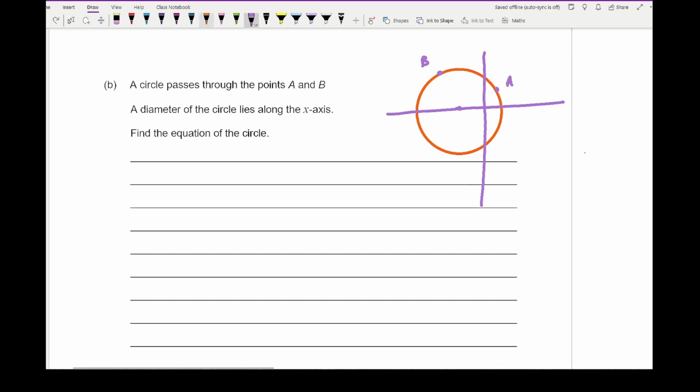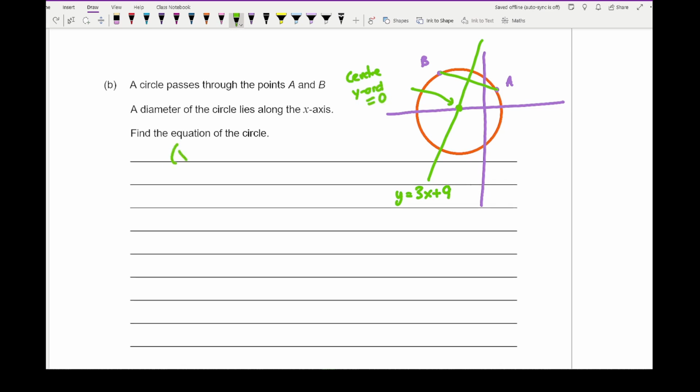Now, the perpendicular bisector of a chord, let's do that in a different colour, will always go through the centre. So this line here, which we've worked out in part A, is y equals 3x plus 9. We know that it goes through this point here, so the y ordinate of the centre is going to be 0. So here, at the centre, the y ordinate is going to equal 0.